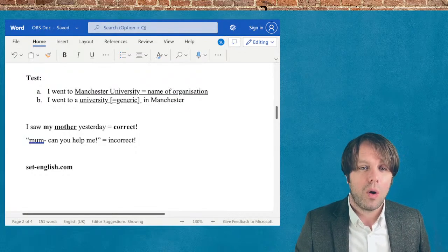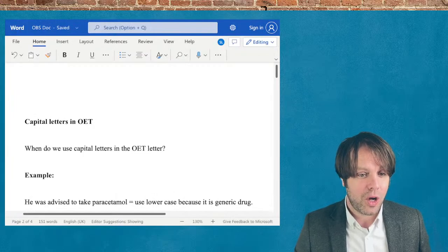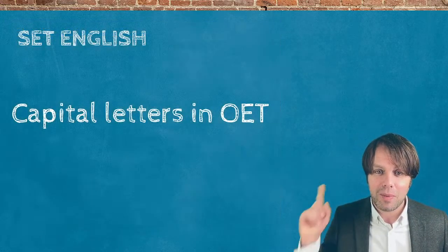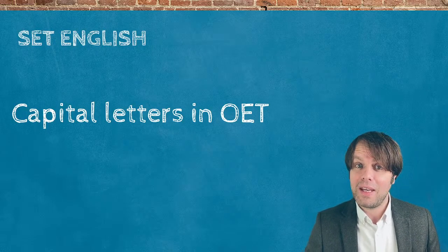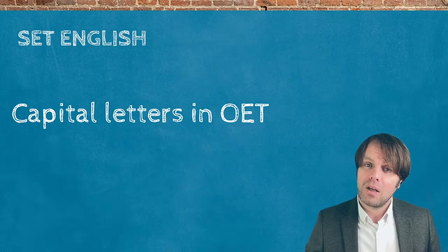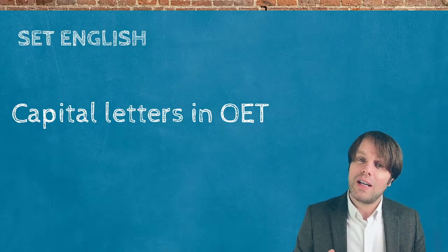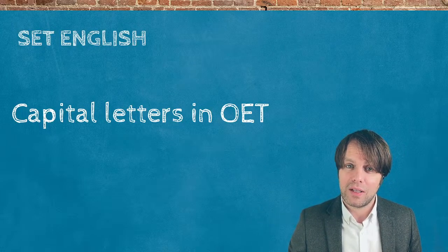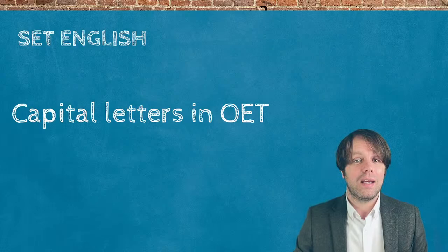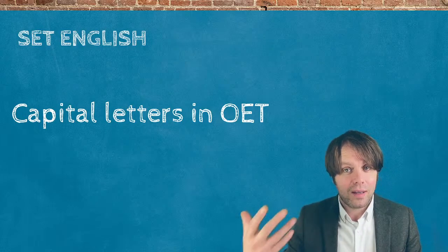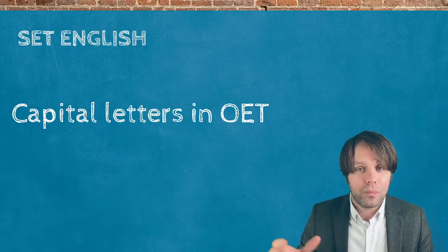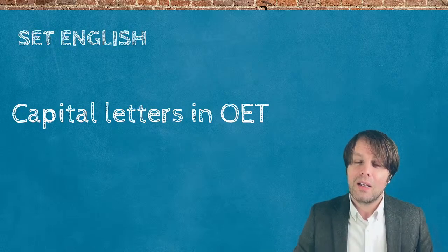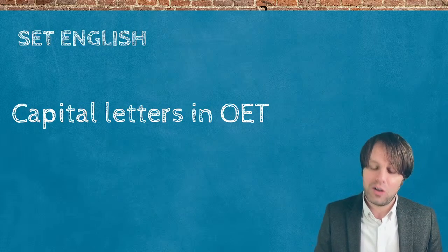Just remember, OET, right? Let's just take this right back to the beginning. We're talking about capitals in OET, right? When do we use capitals in OET? Well, medications: when it's the generic name, no capital letter. When it is the brand name, like Tylenol, you use a capital letter, okay? Conditions, do we capitalize conditions?